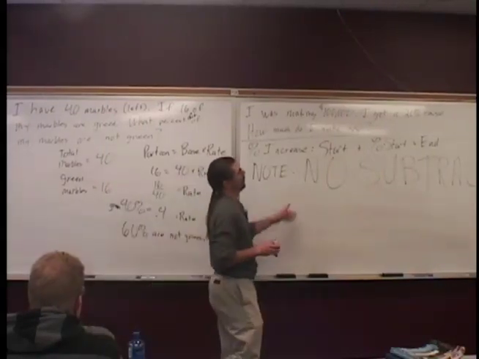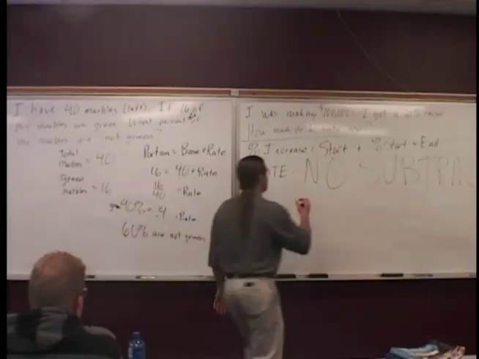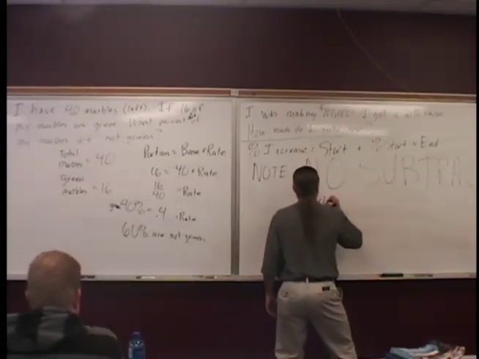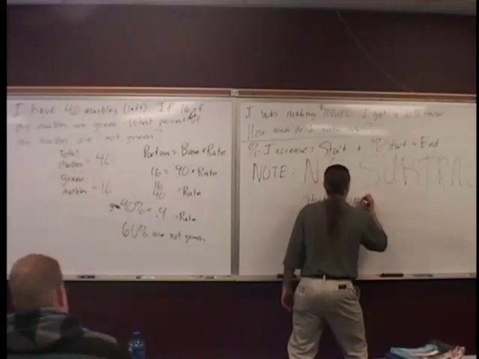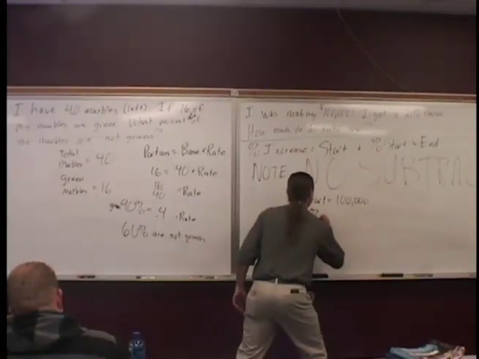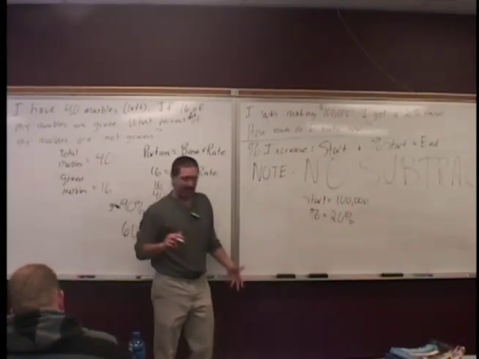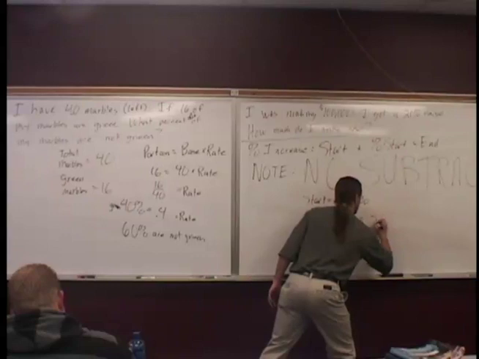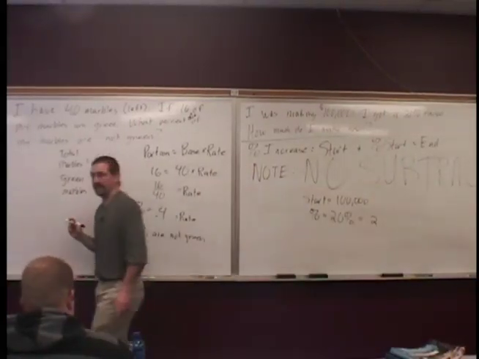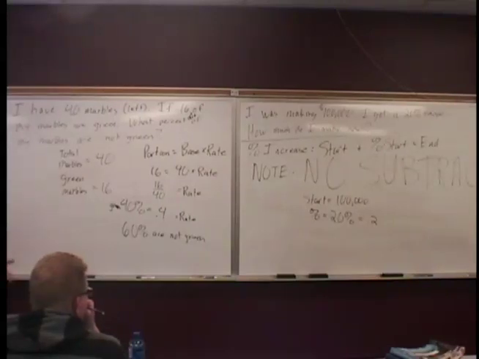So, to figure out this problem, you're going to tell me here that my start equals $100,000 and that my percent equals 20%. And again, make sure you translate it into math because I want you to do this as a math problem.